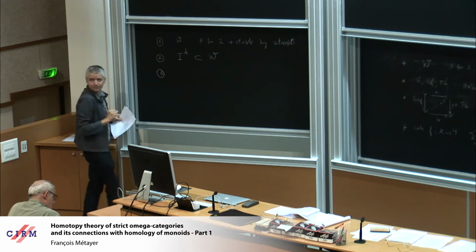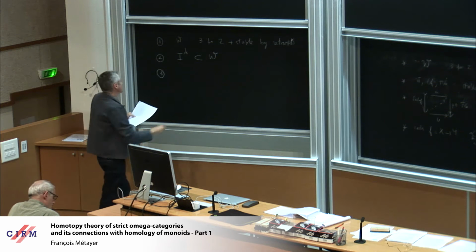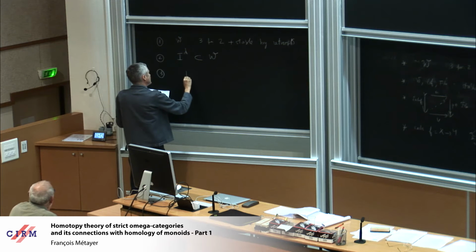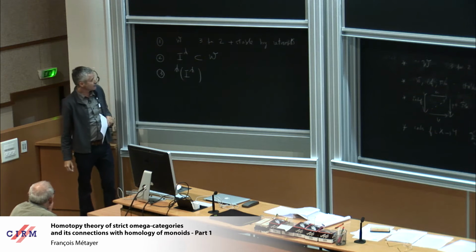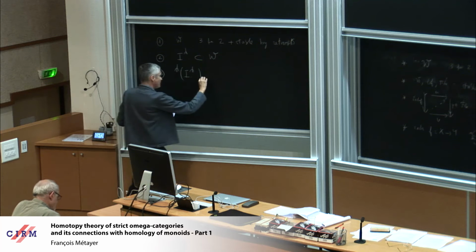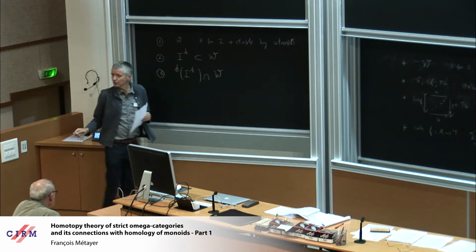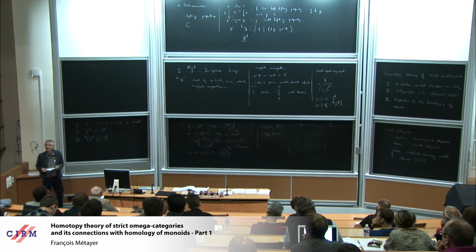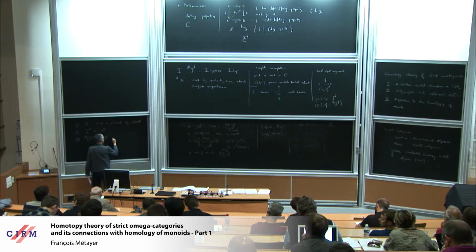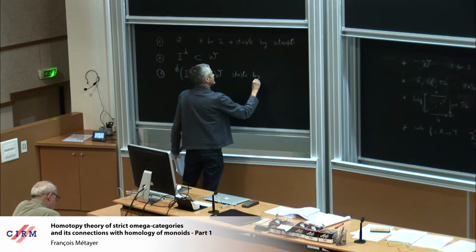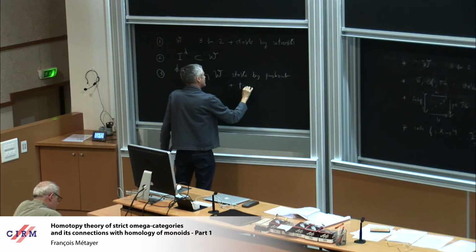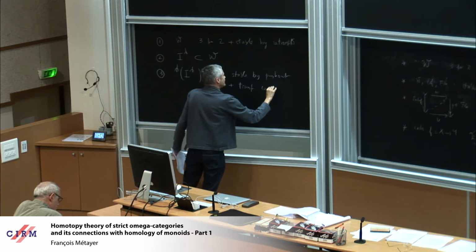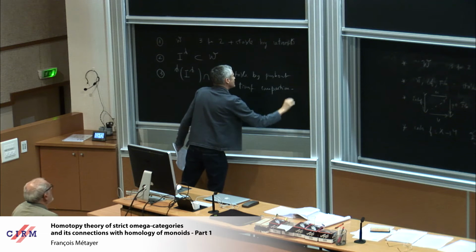The third condition is that I cof, that is this class of morphisms, intersected with W, should be stable by push-out and transfinite composition.